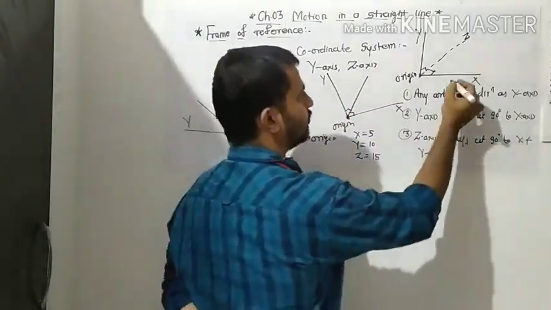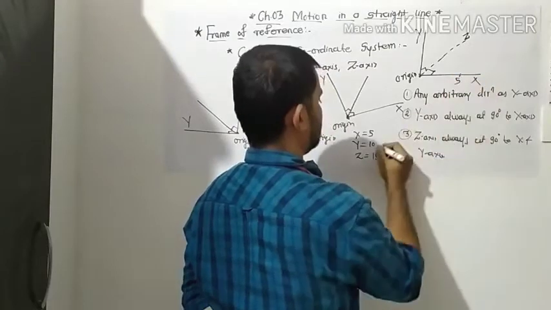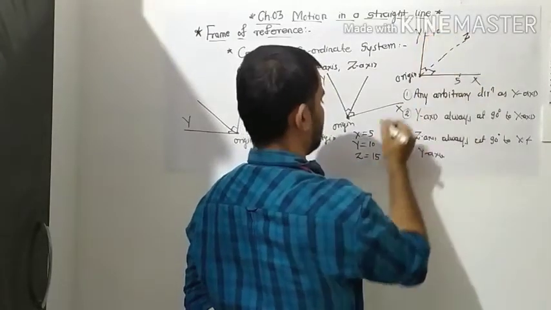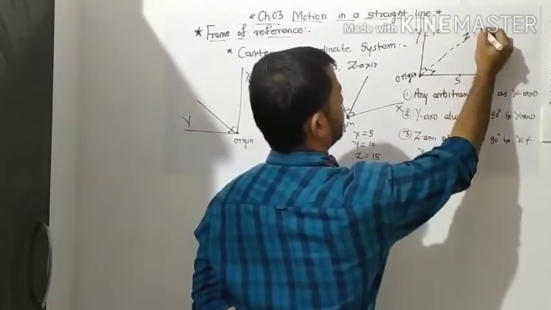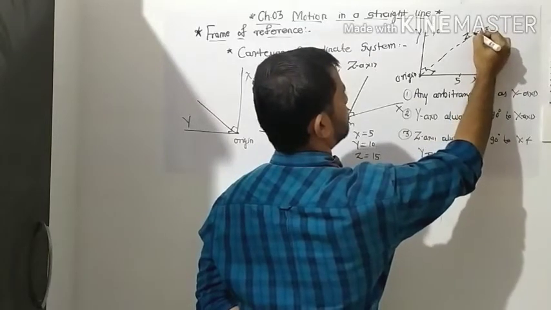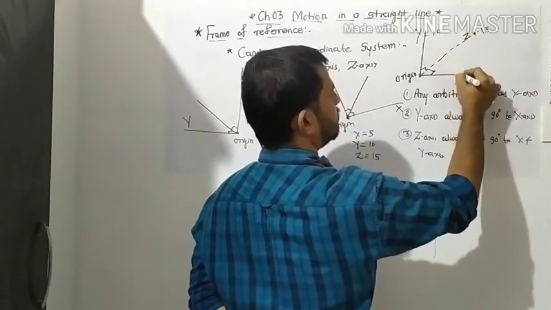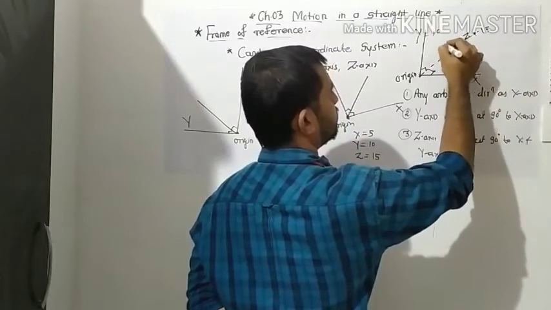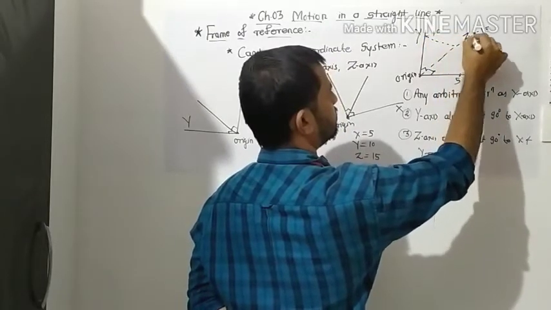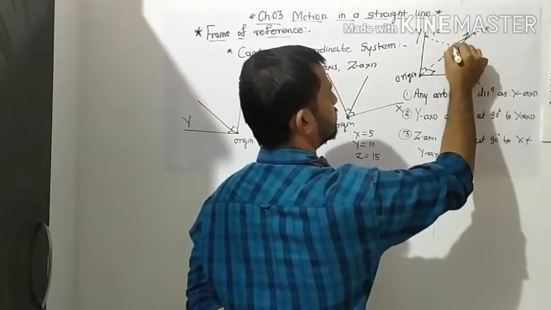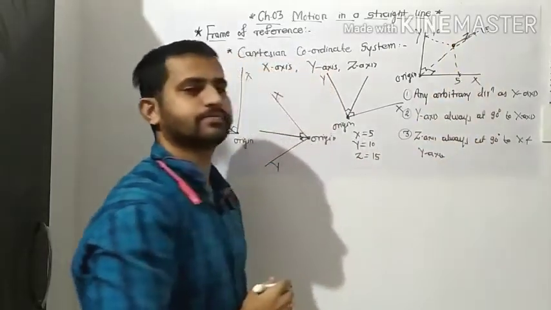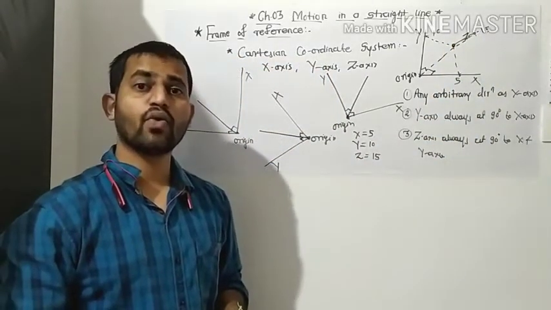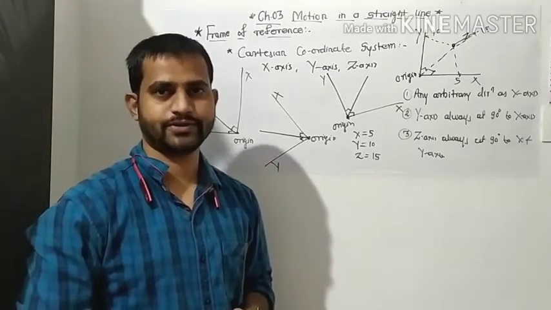Suppose here is the 5, here is the 10, and here is the 15. Then whatever point comes here, we can locate it as the position of that particular point. These are the three coordinates of that particular point.